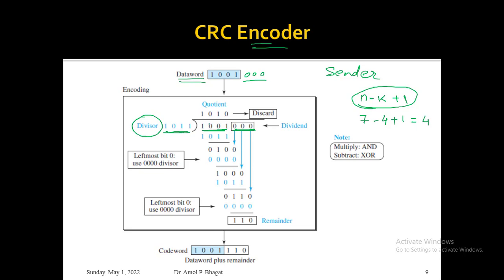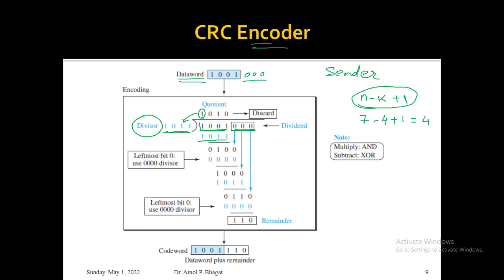Now modulo 2 division will be performed, right? As you can observe here, the first bit in this available dividend is 1, so therefore 1 will be taken as the first bit in the quotient. Then you multiply this with the selected divisor, 1011. Why have you taken it as 1?